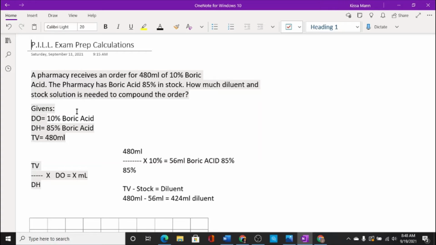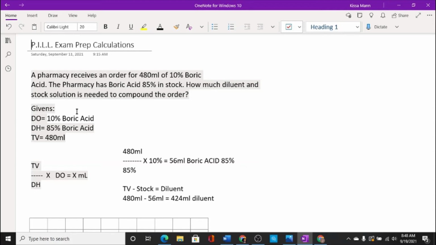So if it was a specific diluent that has a concentration, that has a percentage, the equation would say it. The equation would give us that information.